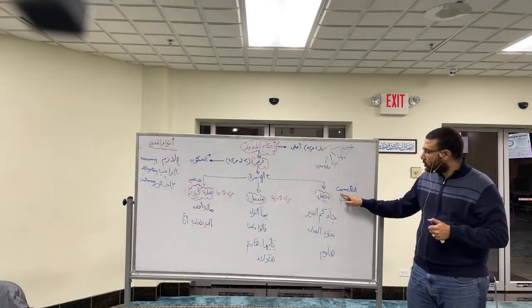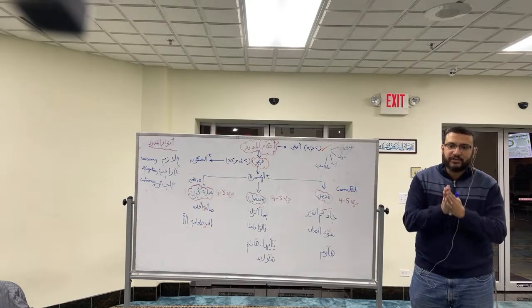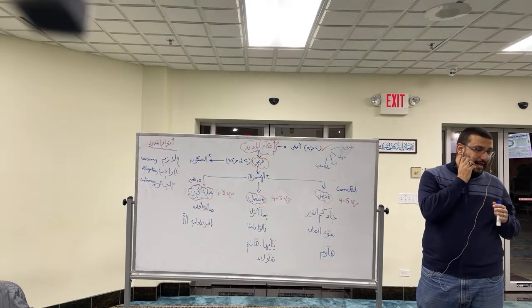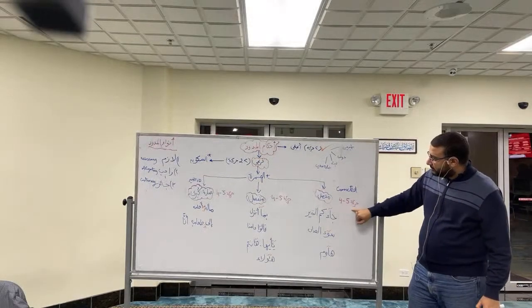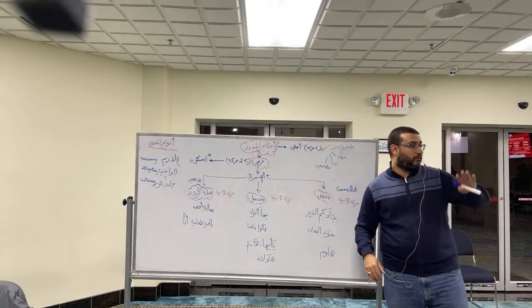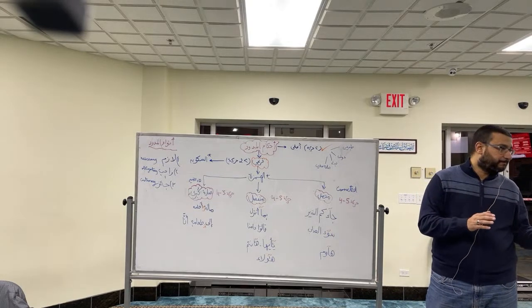That's why it's called muttasil, connected. The hamza is connected to harf al-mad in the same word. What do you do when that happens? You do a mad. According to riwayat Hafs, it's either 4 or 5. It has to be 4 or 5.